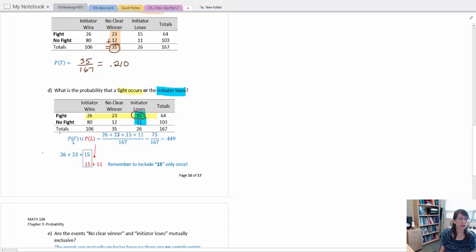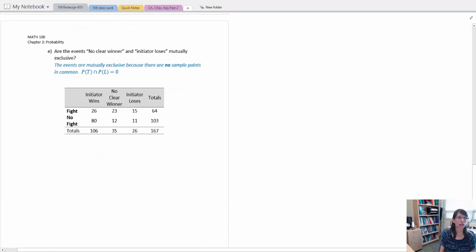You can see if I write it out here, probability of F is 26 plus 23 plus 15, and then the probability of L is 15 plus 11. You can see if you've lined it up, 15 repeats, so only count 15 one time in your total.